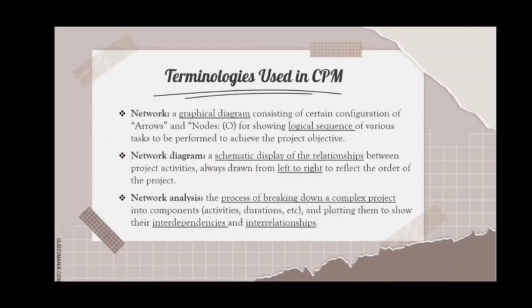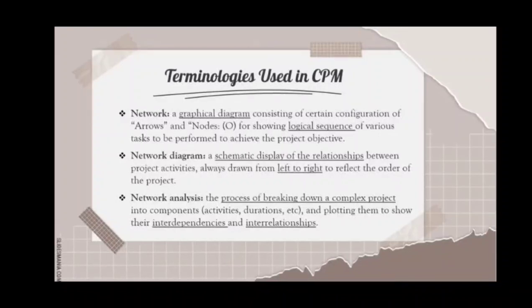We're now on the last part of the terminologies used in CPM. We have here network diagram and network analysis. When we say network, it is a graphical diagram consisting of a certain configuration of arrows and nodes showing the logical sequence of various tasks to be performed to achieve the project objective.